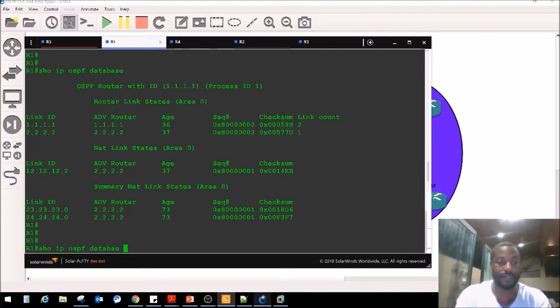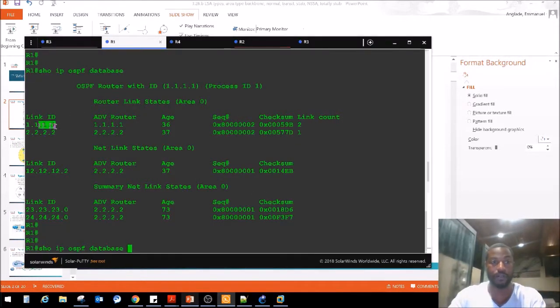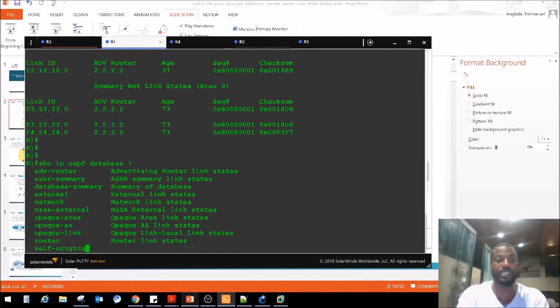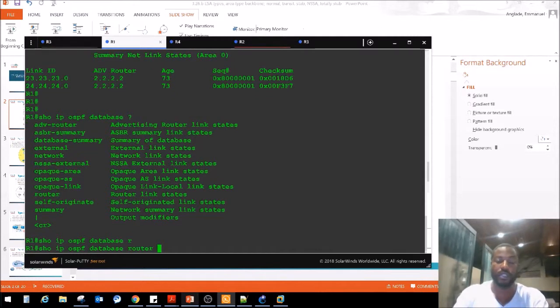And we said that the link state ID for those is the router ID. So his router ID is quad 1. We're going to take that, and as you can see here, what are the options after that? We want to see the router link state, right? So we're going to say router, put in quad 1.